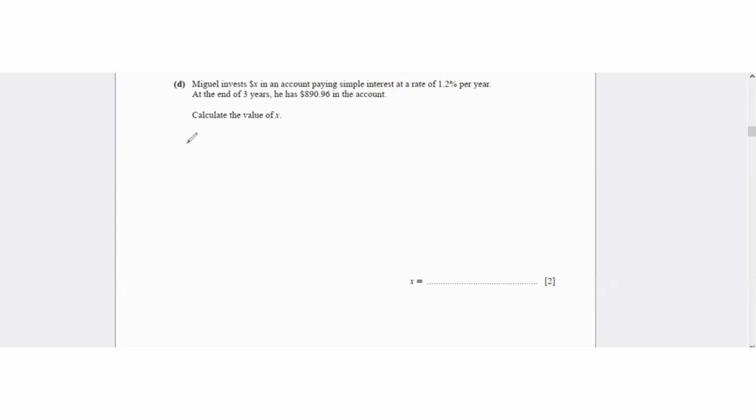In part D, they're asking us to find the initial amount that Miguel invested. So the formula we're going to use is of simple interest. But what we're going to do is add the initial value to the equation, because what we have right now in the question, which is 890.96, that's the final amount, after he's received the interest. That means 890.96 equals x plus brackets x times 1.2 divided by 100 times 3.